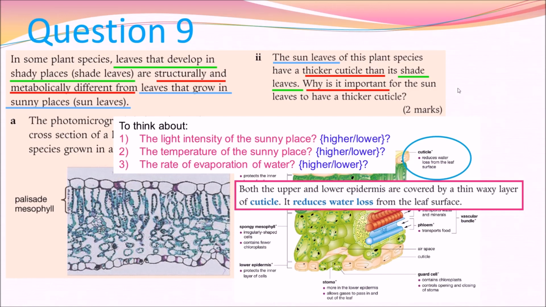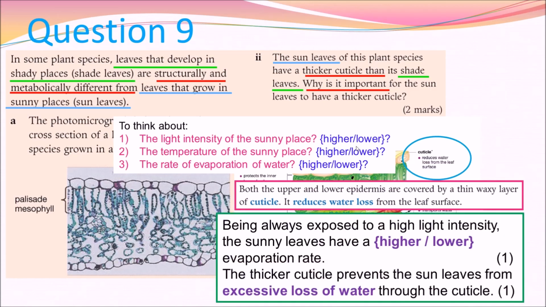And also the rate of evaporation of water. After you can answer me these 3 questions: in the sunny place, is the temperature higher or lower? And so what will be the rate of evaporation of water in the sunny place? Also higher or lower? You tell me. So you can construct your answer like this.